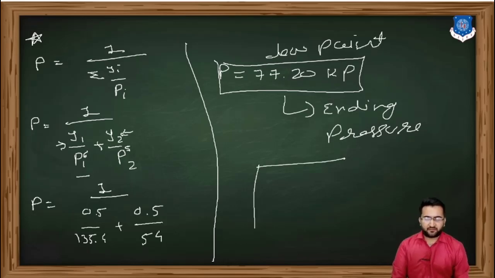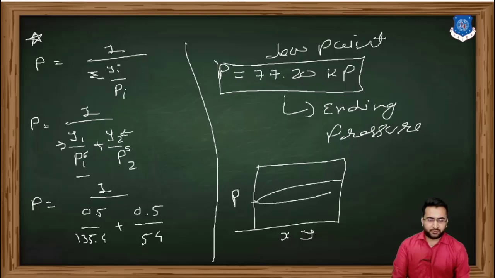We know that the PXY diagram can be drawn like this: the upper curve is known as the bubble point curve, and the lower curve is known as the dew point curve. Let's suppose this is the equimolar solution, at 0.5 mole fraction, on an axis from 0 to 1. At this line, vaporization takes place.